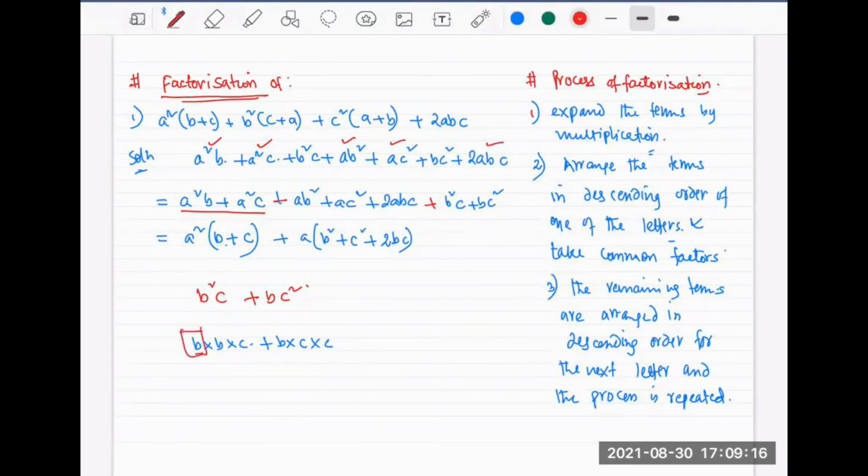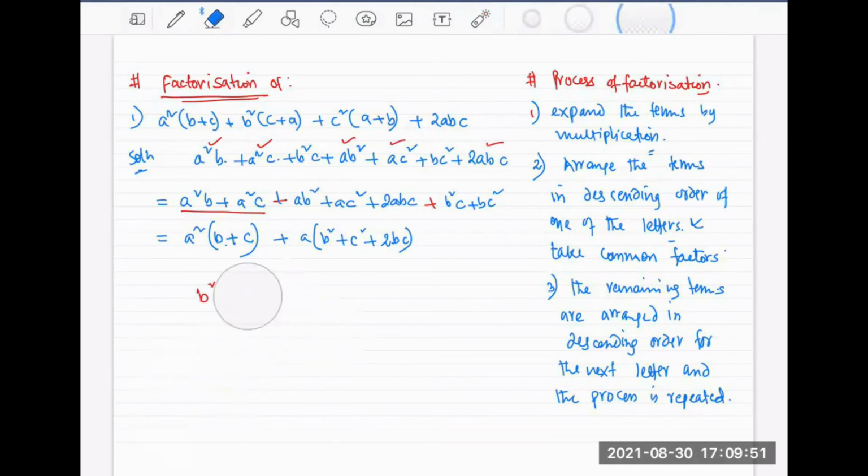B can be taken as common factor. C can be taken as common factor. So the common factor, you have to write in the front. What is not taken out as common factor? B is remaining in the first term. C is remaining in the second term. So you have to write here B plus C, the remaining parts. So B square C plus BC square will be BC whole bracket B plus C.